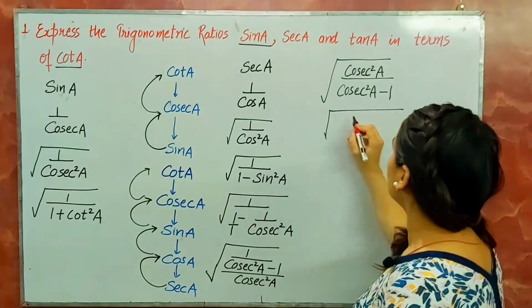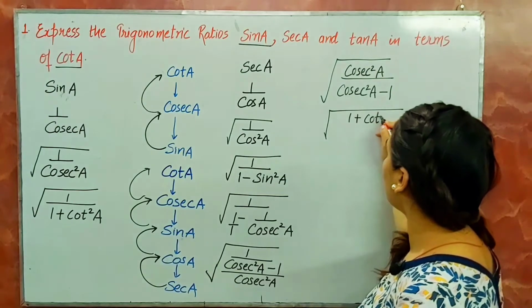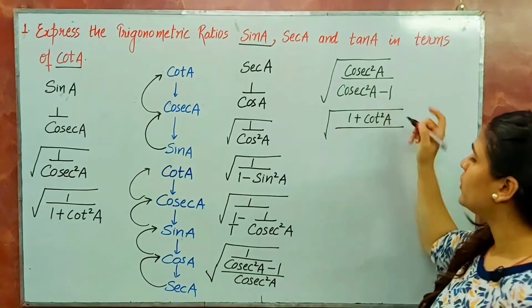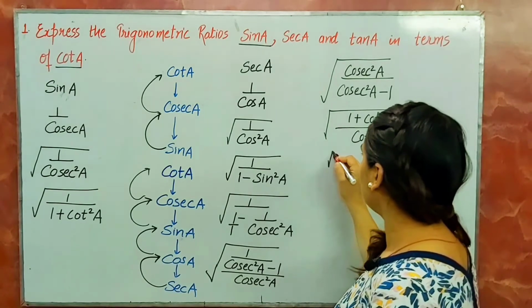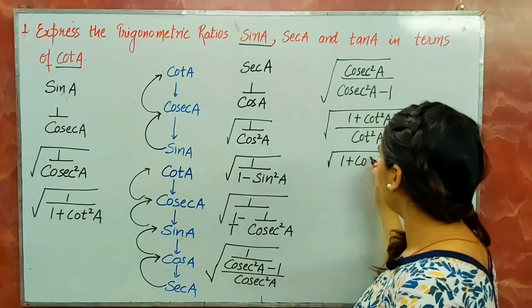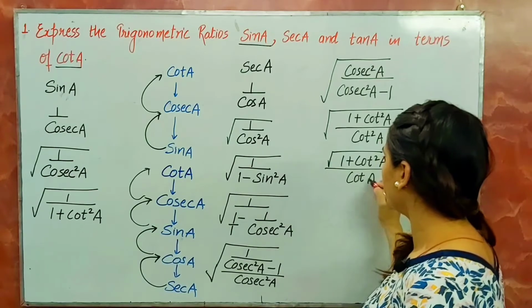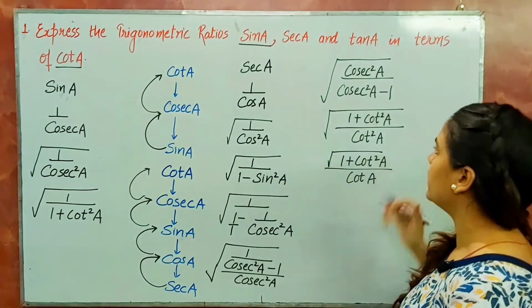There is a direct formula cosec square A is equals to 1 plus cot square A, and cosec square A minus 1 is equals to cot square A. And by doing simplification, finally we will get this term. So this way you can convert secant A in the form of cot A.